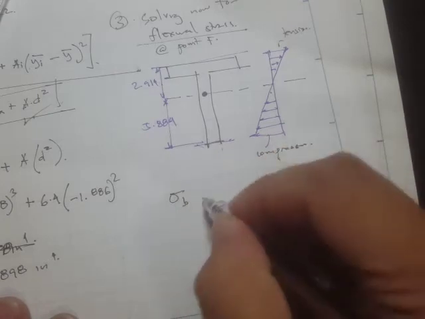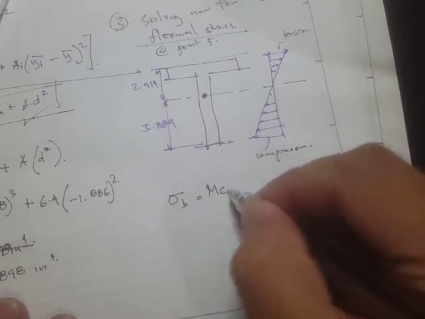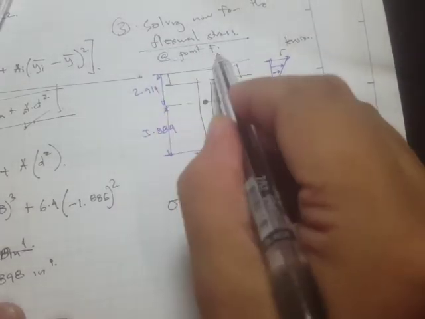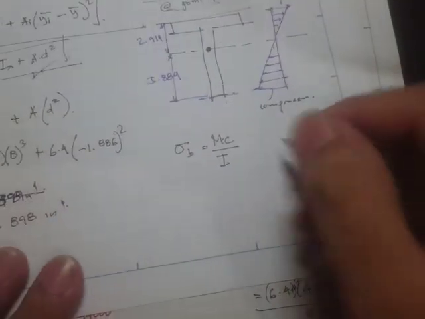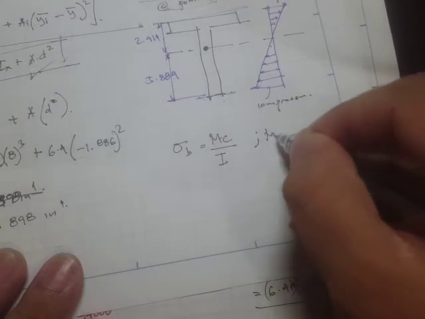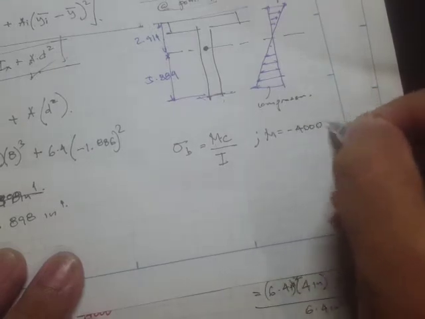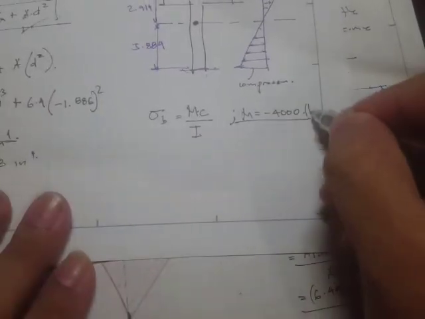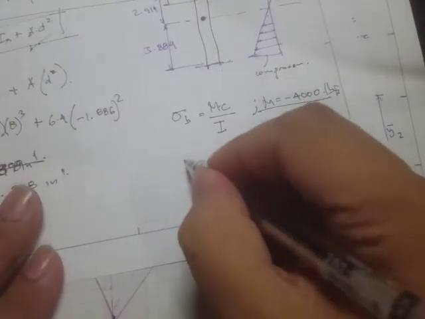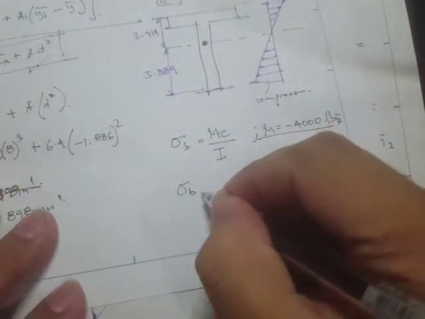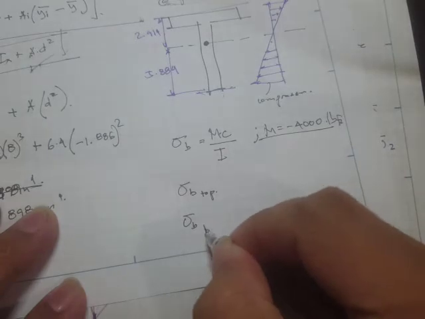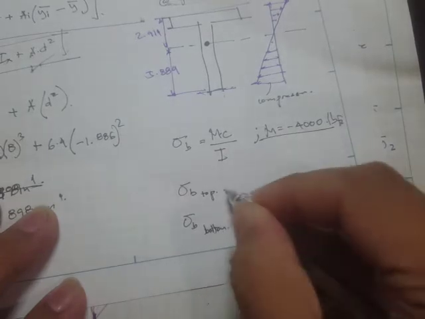Sigma b is simply Mc all over I, right? Because we are considering point F for now, let's consider the moment equal to negative 4,000, and the unit right here is pound-foot. So we have sigma b at the top, and we can have sigma b at the bottom.